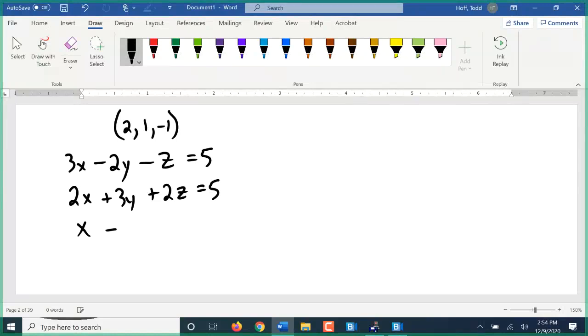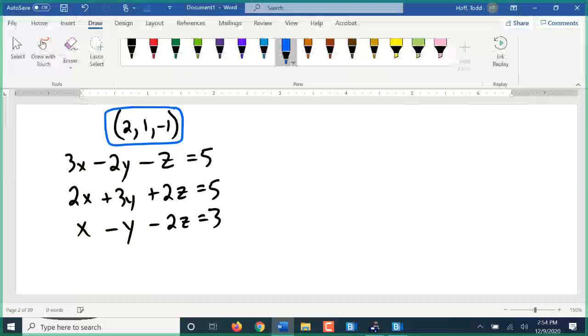And x minus y minus 2z equals 3. And again, I'm going to leave this up here. The solution is 2, 1, negative 1, just so you can double check yourself as you're making your matrices and getting your determinants. I will give you guys about 5 minutes to make your determinants and determine your values for x, y, and z. Then we'll go over these.